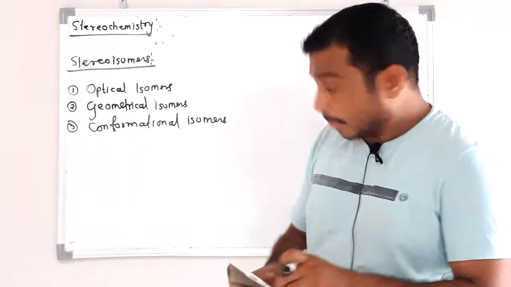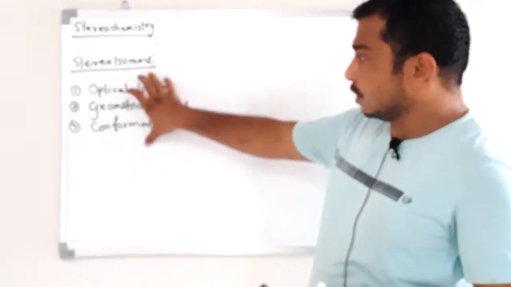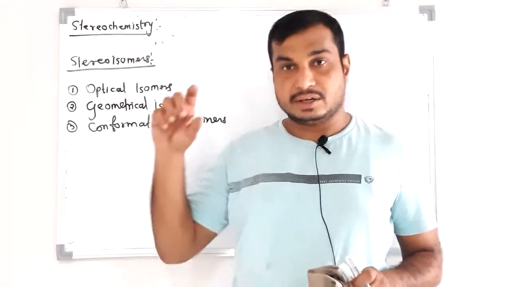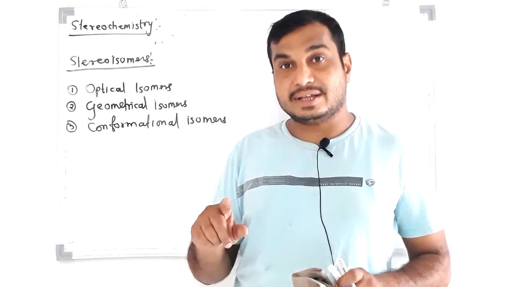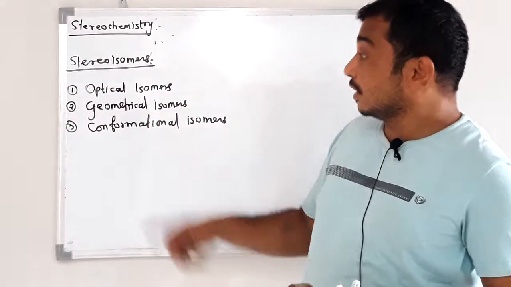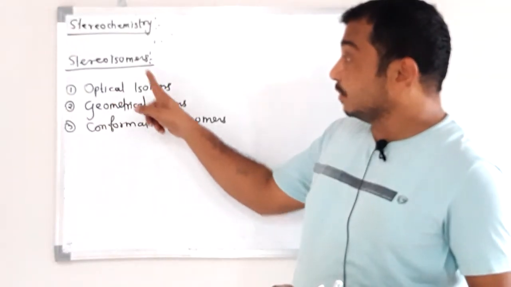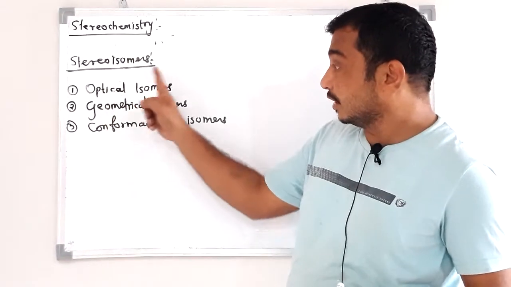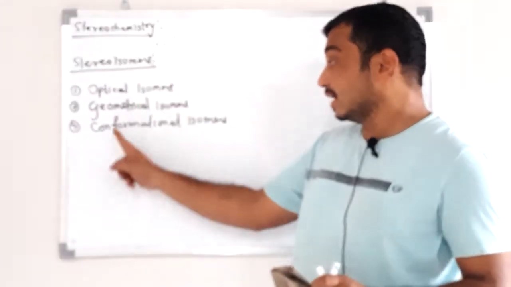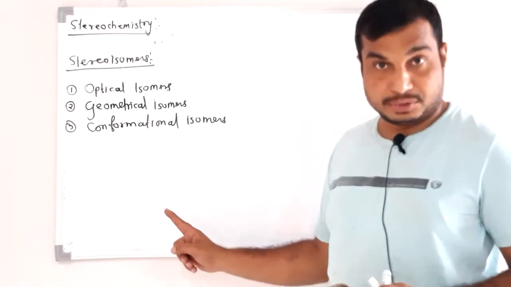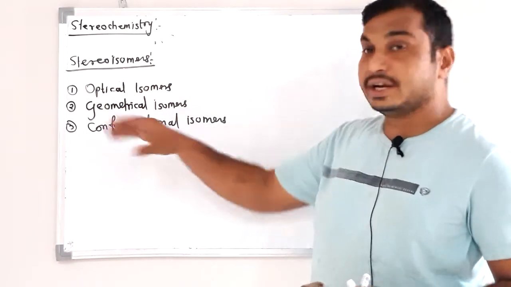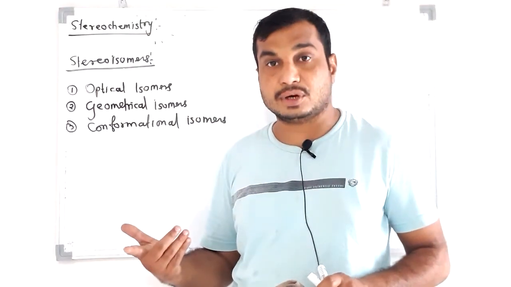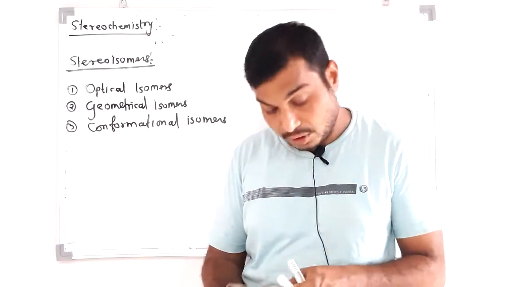So I will skip this topic for now. I will first explain different representations of organic compounds, and after that we will come back to the classification of stereoisomers: optical isomers, geometrical isomers, and conformational isomers.